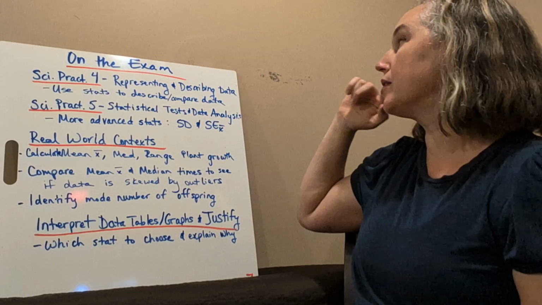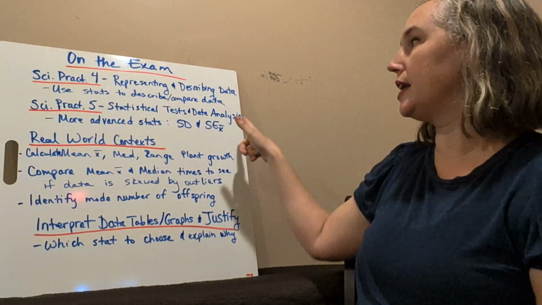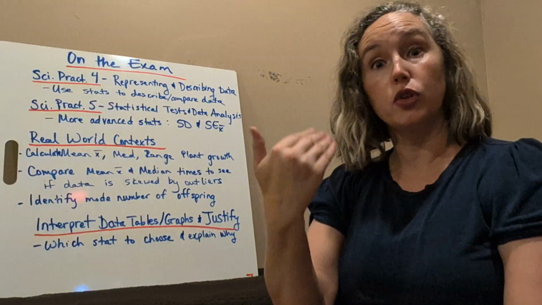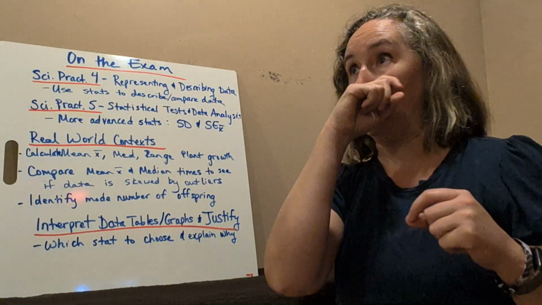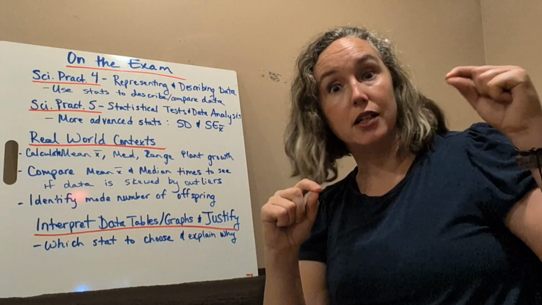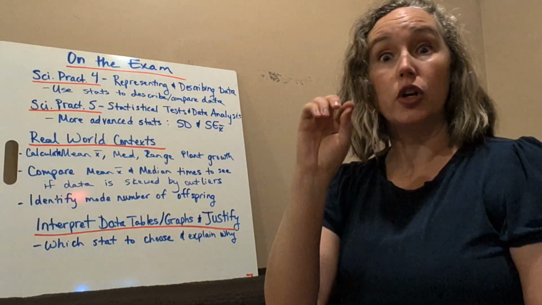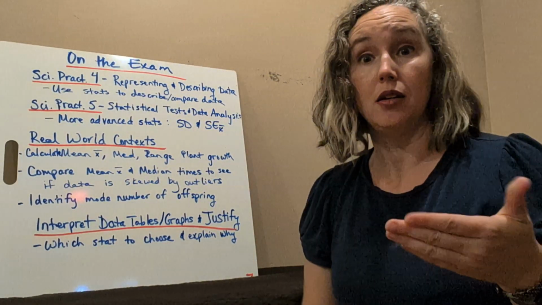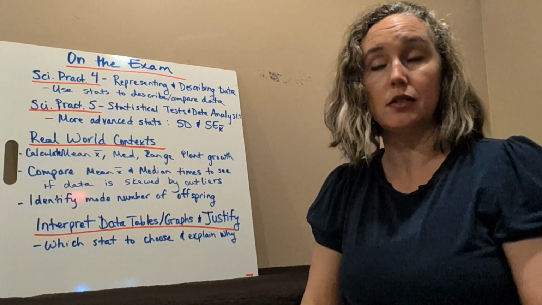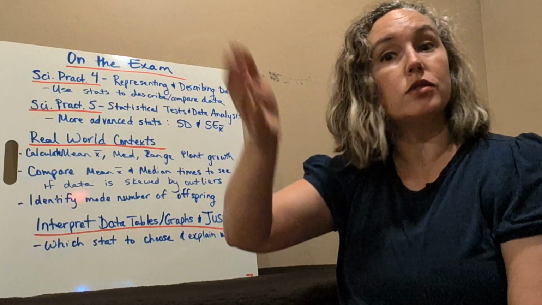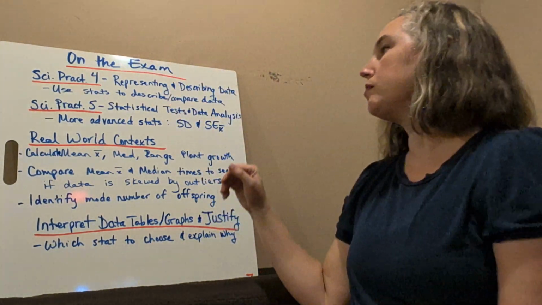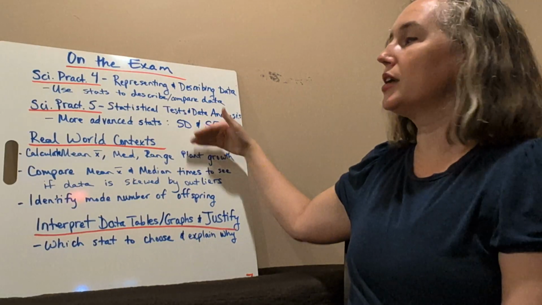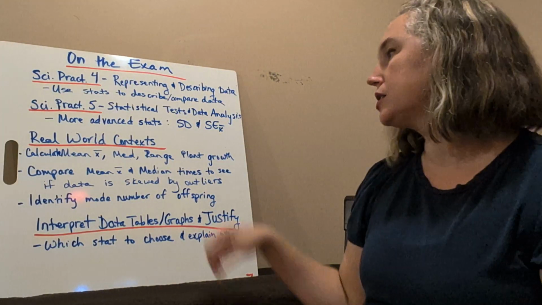Science Practice 5, statistical tests and data analysis. So you know how I talked earlier about if they are significantly different, what does that mean? So you're going to have to be able to use things like mean. So you got to calculate mean in the first place to determine other values like standard error of the mean. You're going to see these things in real world context.